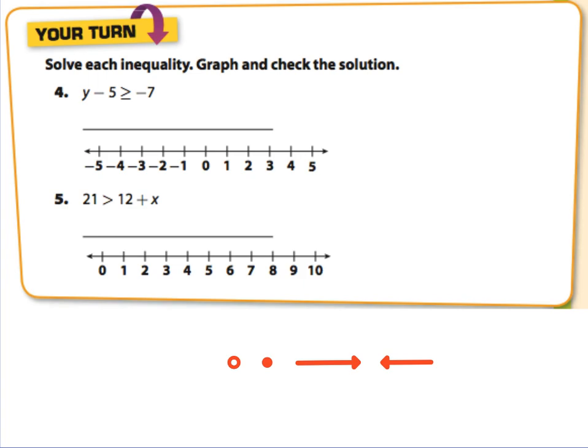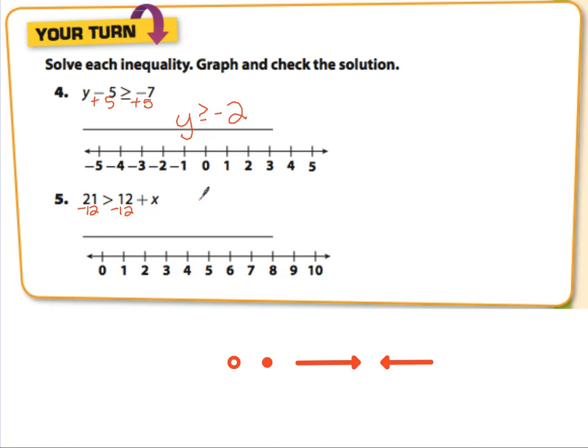All right, so you should have come up with y is greater than or equal to -2, because you add 5 to both sides. So y is greater than or equal to -2. And then here for number 5, you should have ended up with x is less than 9 because you have to subtract 12 from both sides.